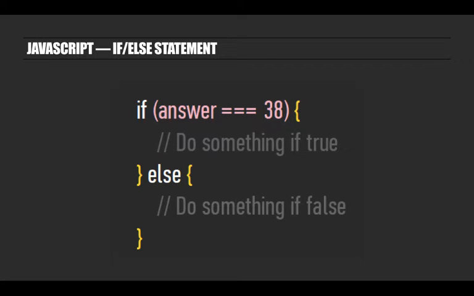So now if we want to add more logic to our website, we can say like, if this, do this, else, so like if it's not this one condition, and if for anything else, it's going to run whatever you say here.